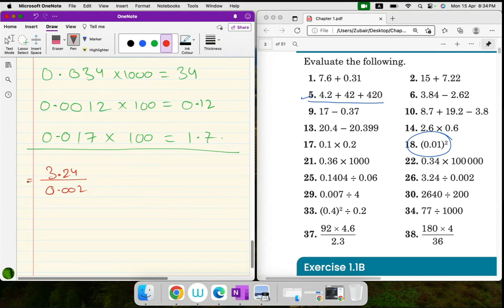Choose any process you want, removing the decimal first or doing it directly.